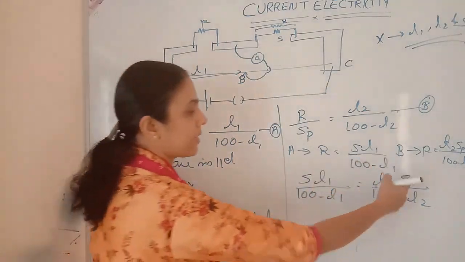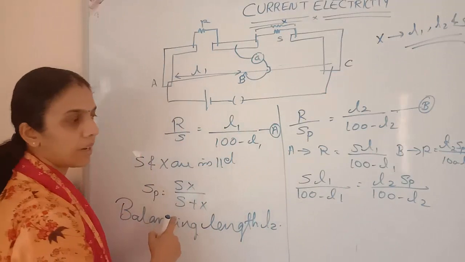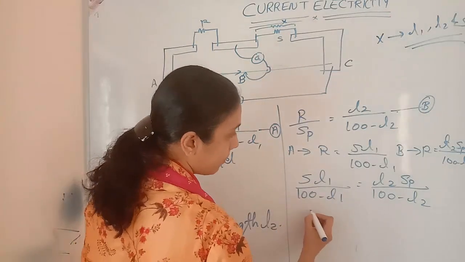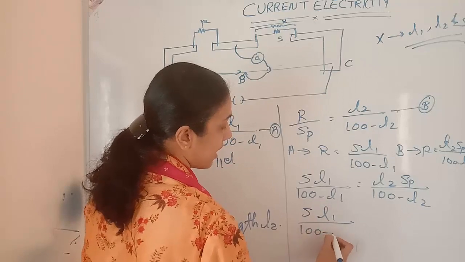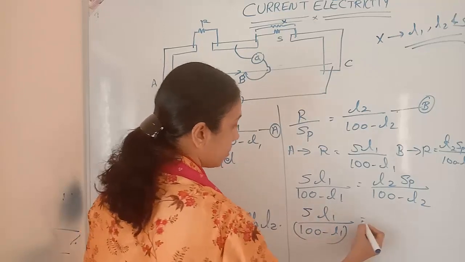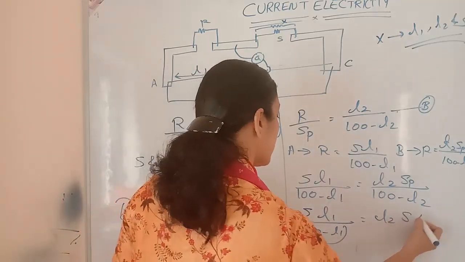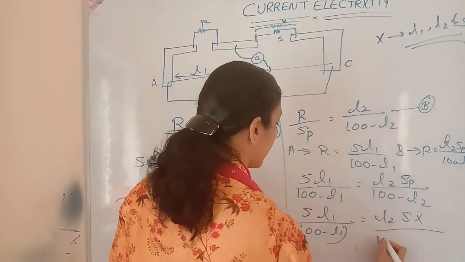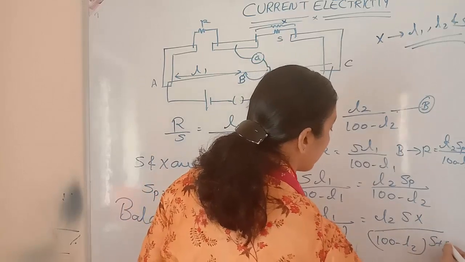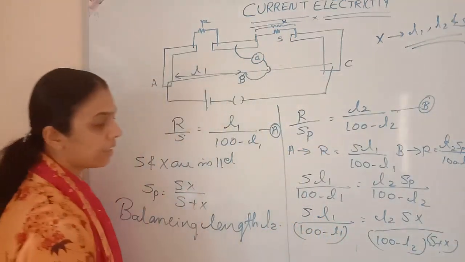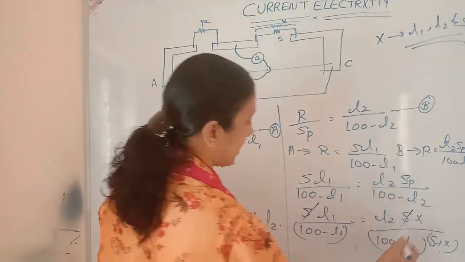Instead of SP, I can substitute Sx divided by S plus x. So S L1 divided by 100 minus L1 equals L2 into Sx divided by 100 minus L2 into S plus x. Clear? Now S and S will get cancelled.